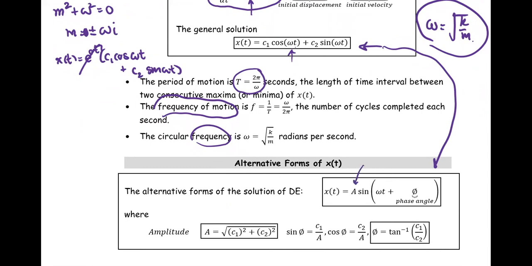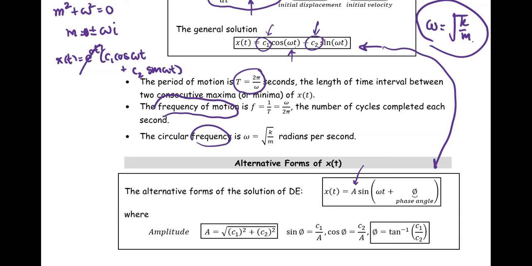The amplitude A is found by taking the square root of c1 squared plus c2 squared. C1 and C2 are the coefficients of the cosine and sine, and they will be found after using the two initial conditions. Then the omega is from the square root of k over m.